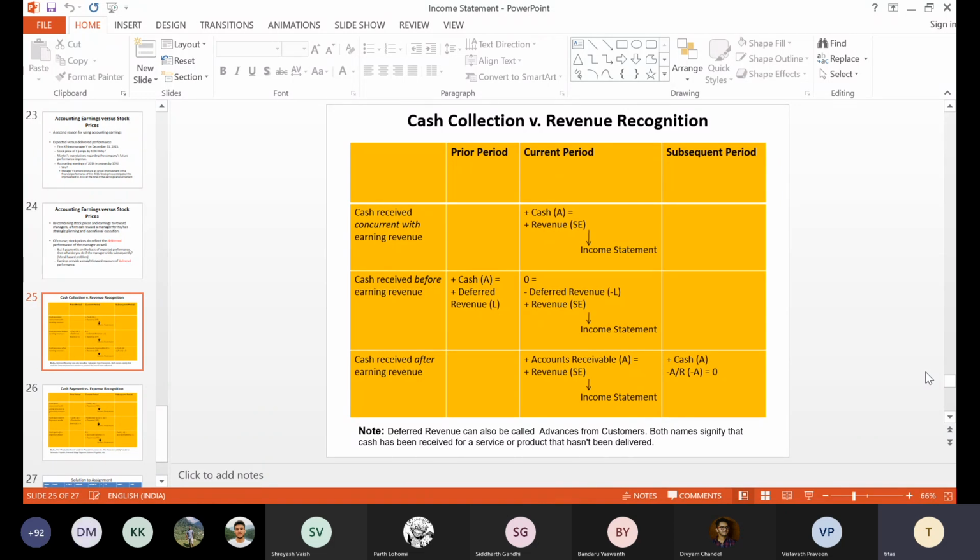In case of a cash transaction, when the cash is received and the cash outflow happens, we record it in the current year. If it is a cash revenue and cash expense, the accrual system of accounting also follows the same approach.